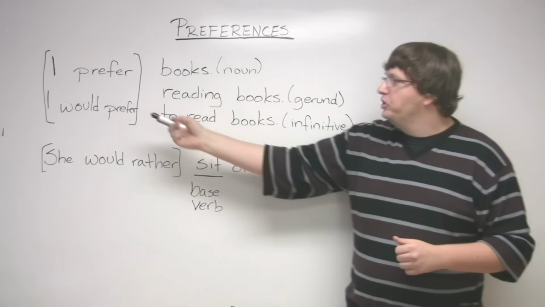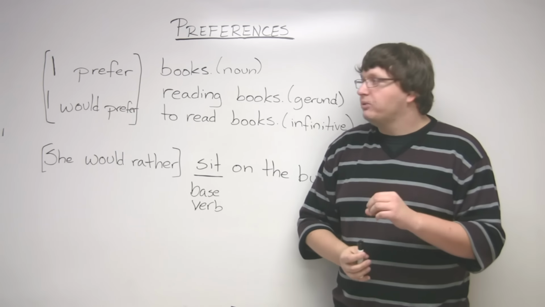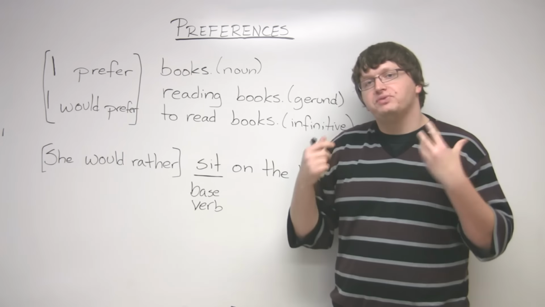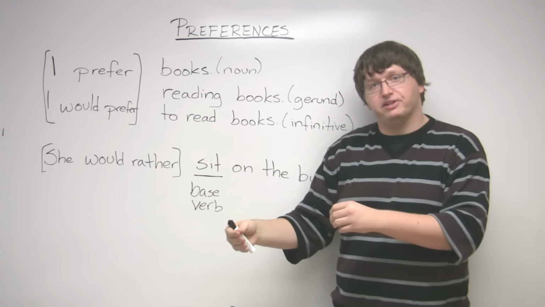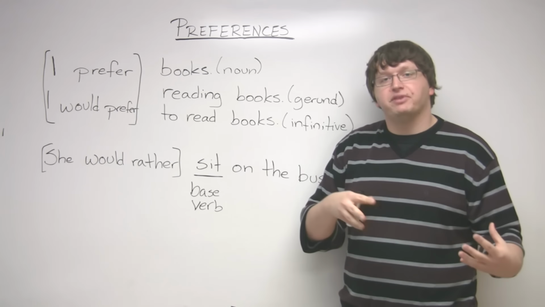Okay, what about I would prefer? So what is the difference between these two? Well, like we mentioned, I prefer is used in a general sense to talk about your general preference for something. Most times you like something better than something else.